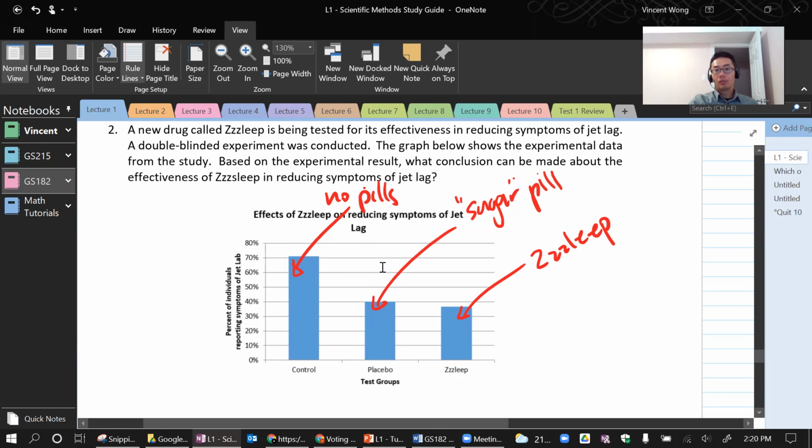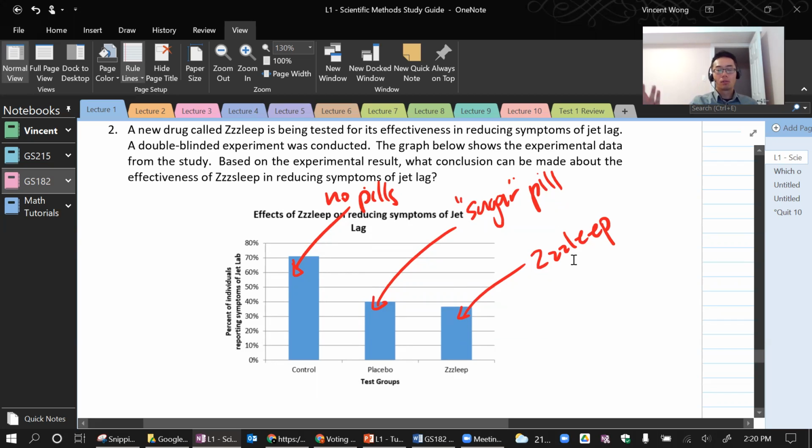And that tells you that the drug is not really working, because you could have given these people just a random thing, something that has no effect on jet lag, and you tell them that it's going to help, and it would achieve the exact same effect. So that tells you that the drug is actually just a pure psychological effect.